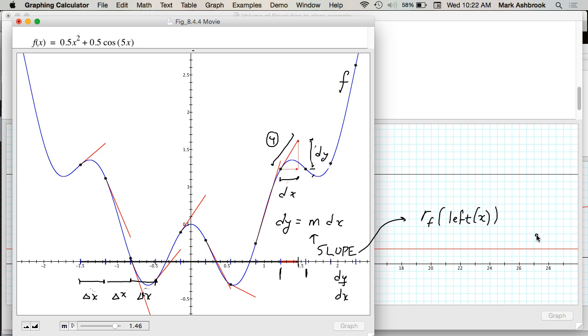So in the current interval, that m that we need is going to be the rate of f taken at the starting point of the interval, the left side of the interval. So that dy is equal to r sub f of left x times dx, so that's m dx.